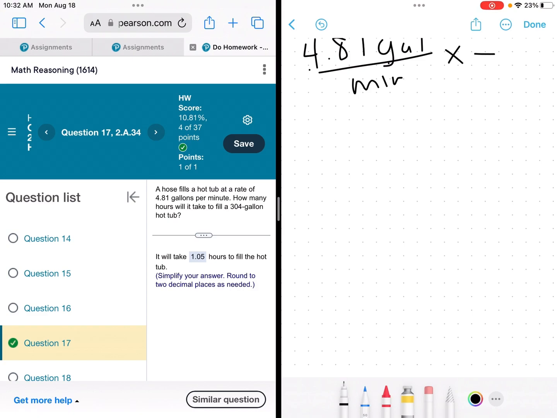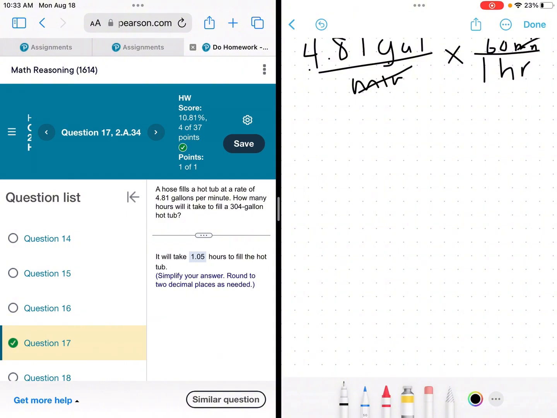What I like to do is take a look at these fractions and use my conversions. I need gallons per hour. So I know in 1 hour we have 60 minutes. Now if I multiply across and divide, these minutes will cancel out.